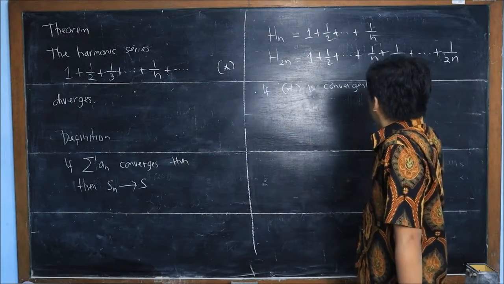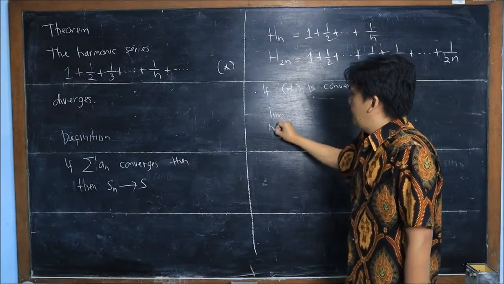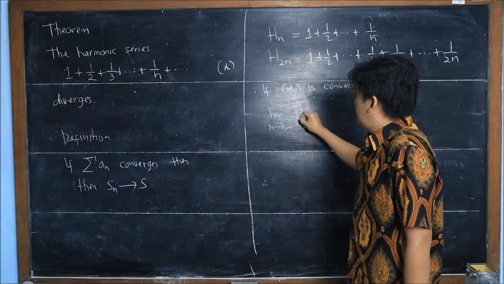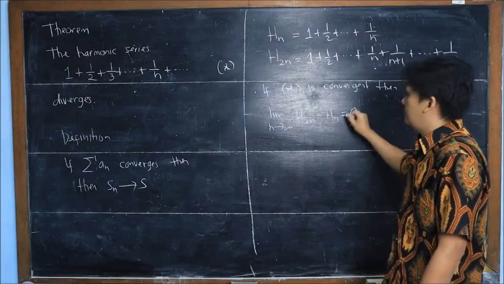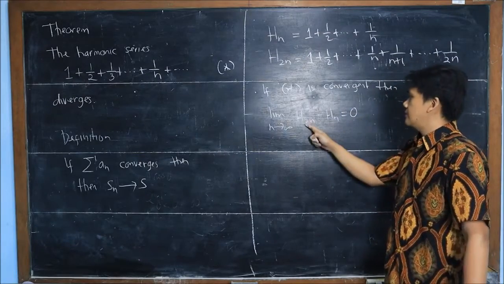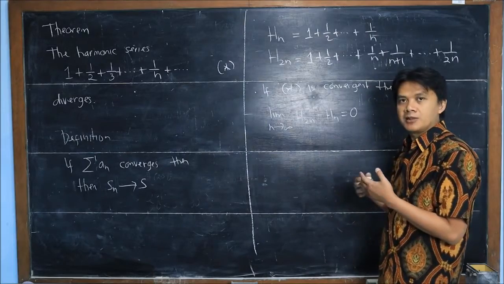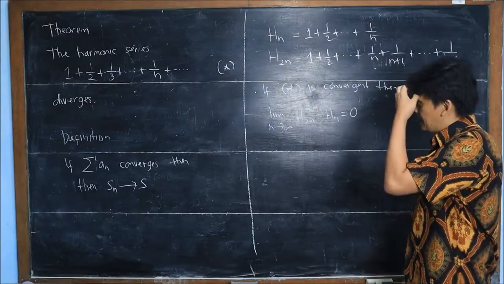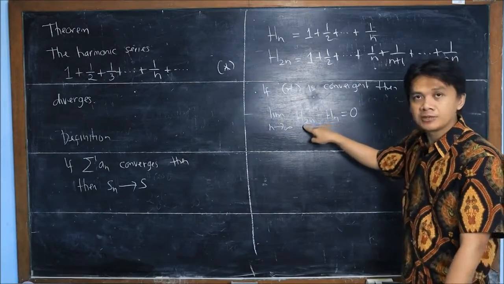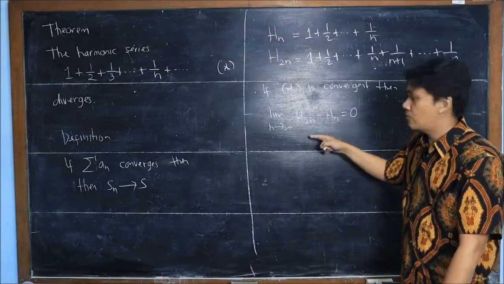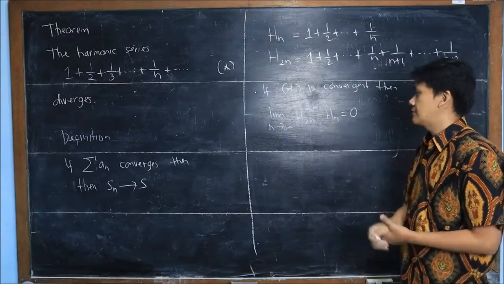Then the limit as n goes to infinity of H2n minus Hn is equal to 0. Why? Because this sequence and that sequence converge to the same limit, since Hn is a subsequence of H2n.